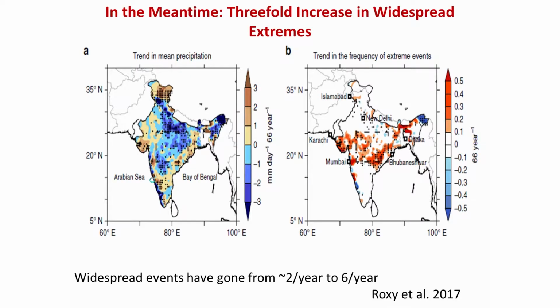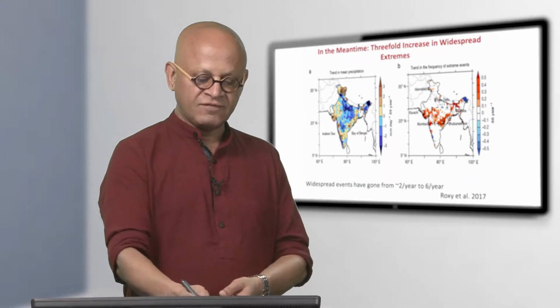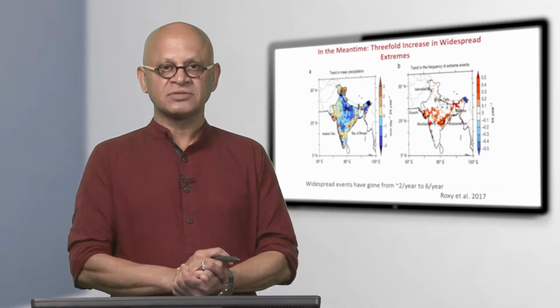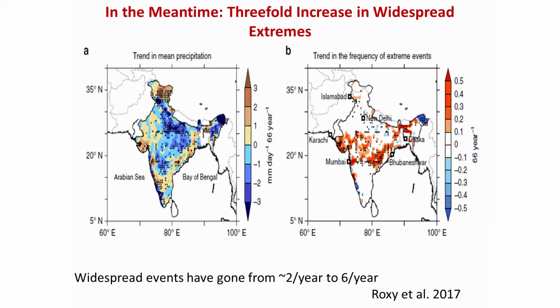So if the Indian Ocean has warmed and the Arabian Sea has warmed, then if land warms faster, we should expect the ocean to land temperature gradient.